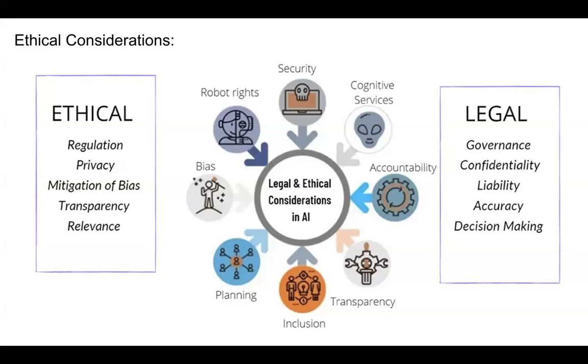What do I mean by bias? First, I want to make it clear. I will give you one example. Suppose you have developed an AI model which is trained on data, and I'm taking a diabetes example.